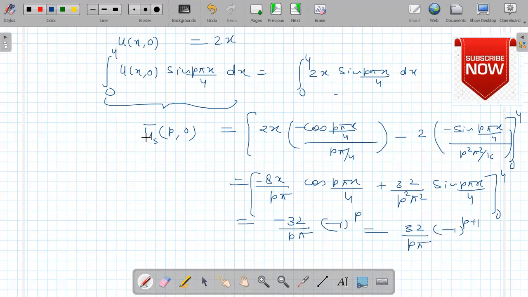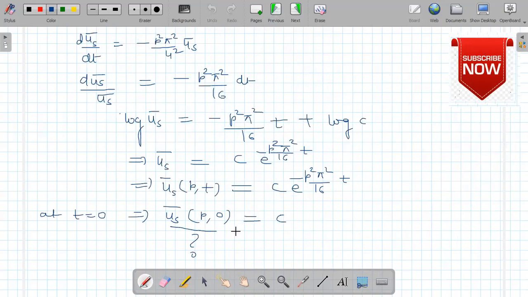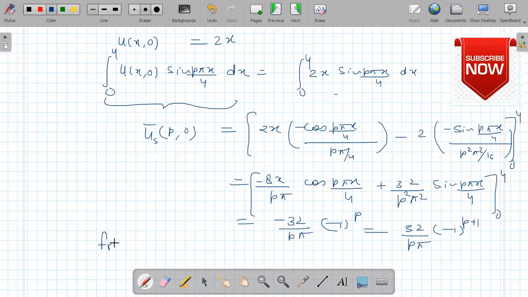So we substitute this value in this equation. So from 1, c will be 32 over p pi minus 1 raised to the power p plus 1.